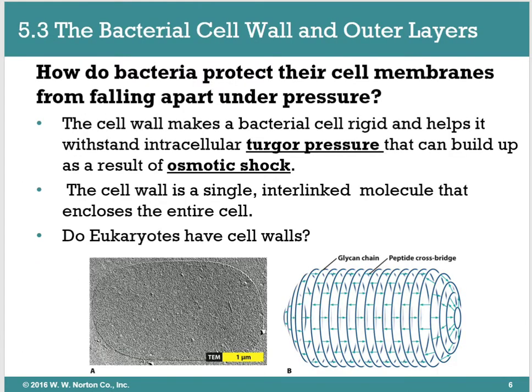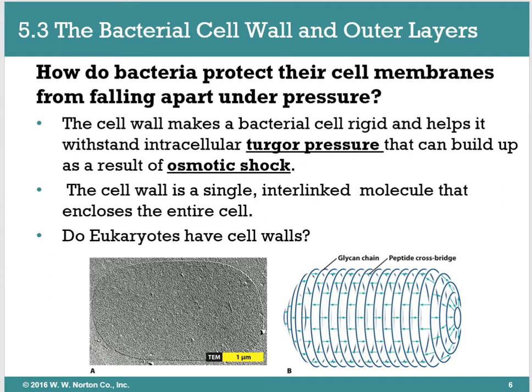So with the cell wall, how does the bacteria actually use it to its advantage to protect itself? So the cell wall makes the cell very rigid, and by making it more rigid, it can withstand intracellular turgor pressure that builds up as a result of osmotic shock.